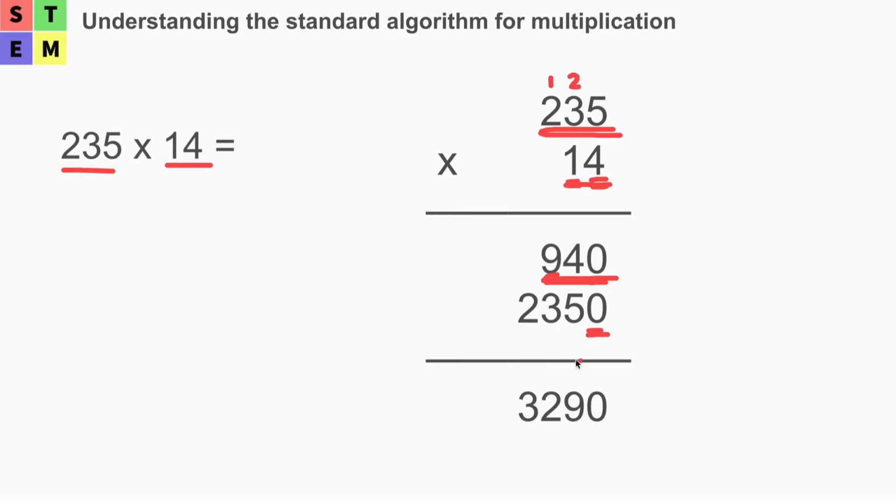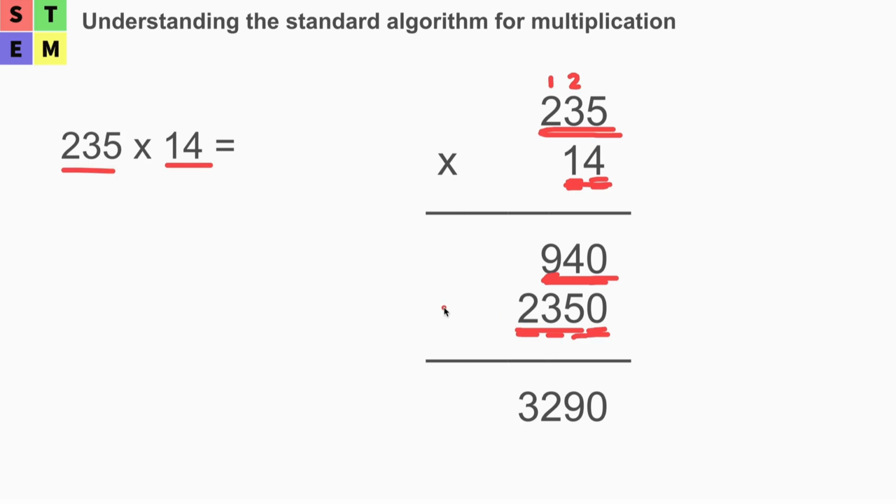So we got 235 there, so 1 times 5 equals 5 there, okay? 1 times 3 equals 3, 1 times 2 equals 2, okay? So we got 2,350. Again, the 0 is because 1 is at the tens place. Basically, it's 10 times 235 instead of 1, okay?